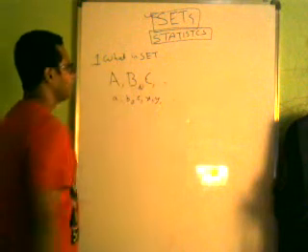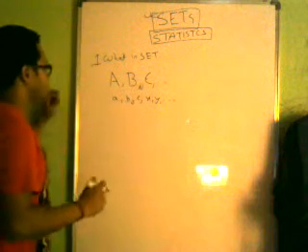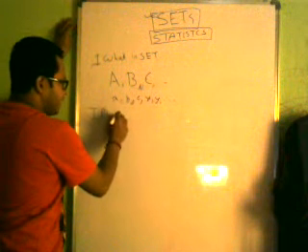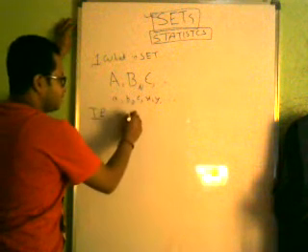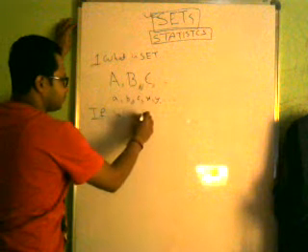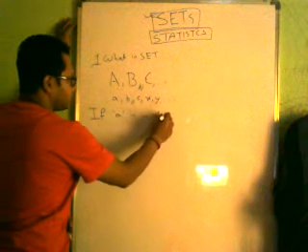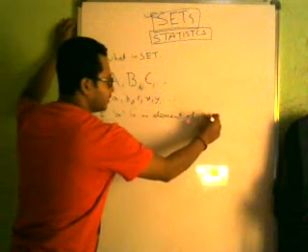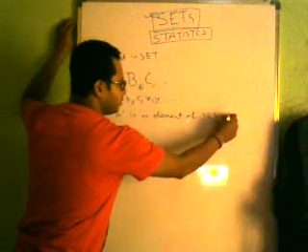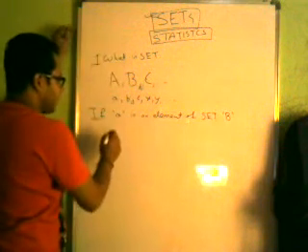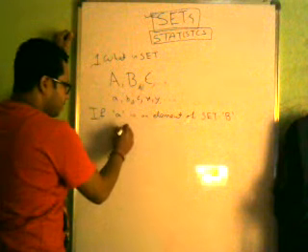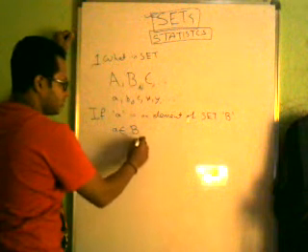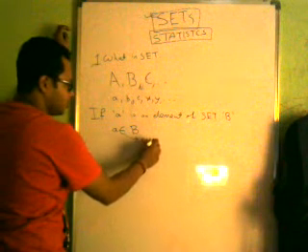Okay. So let's take one example. If an element a, small a, is an element of a set, let's call it B, then we write it as a belongs to set B. This sign is known as belongs to.